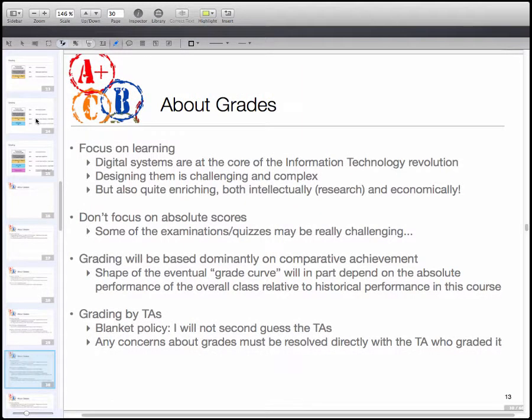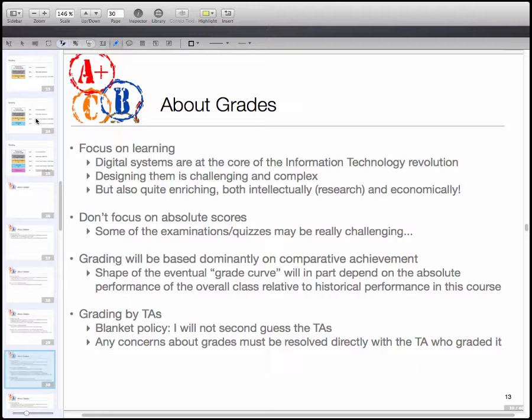Grading by TAs. So some of the material might be graded by TAs and some by readers. Readers you will not have any interaction with. So in case you have complaints on grading there, you meet our TAs or me. Material that's graded by the TAs, the policy is I'll not second guess the TAs. They are part of the instructional staff. So any concerns first you have to resolve directly with them.